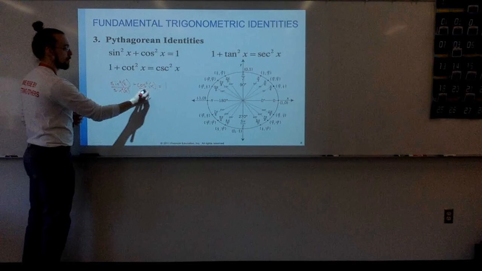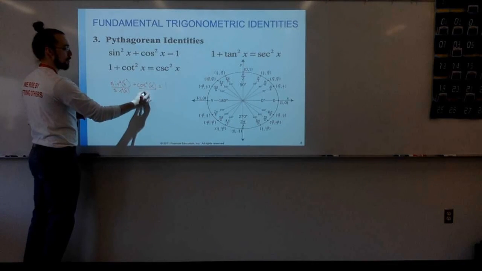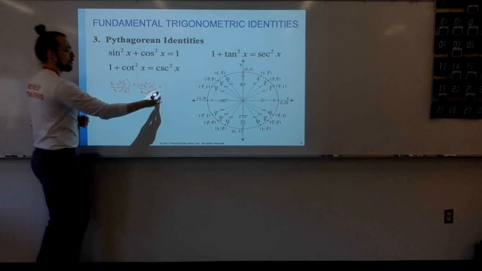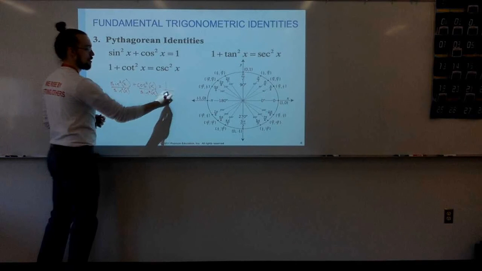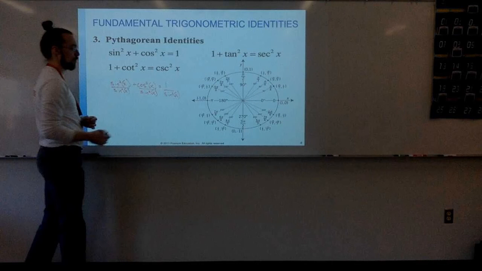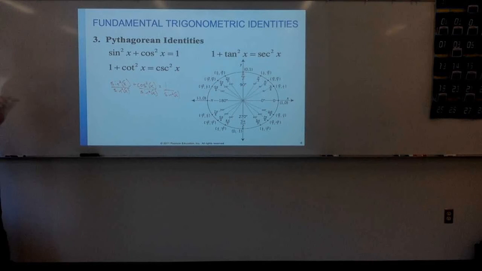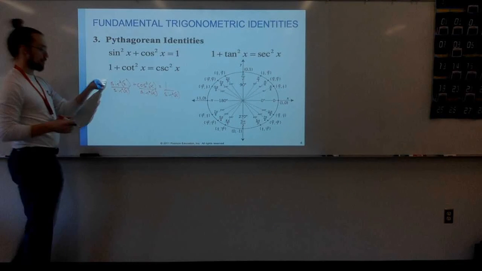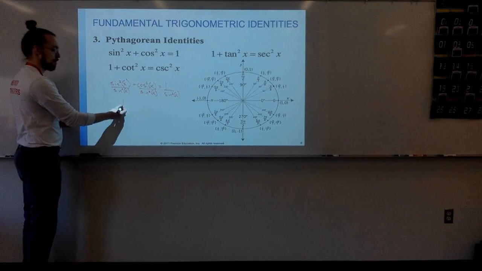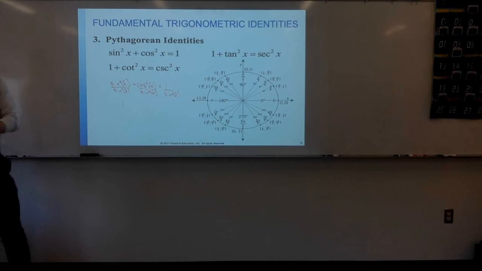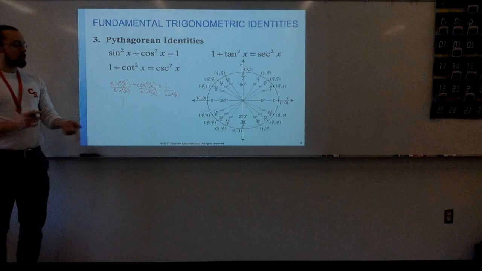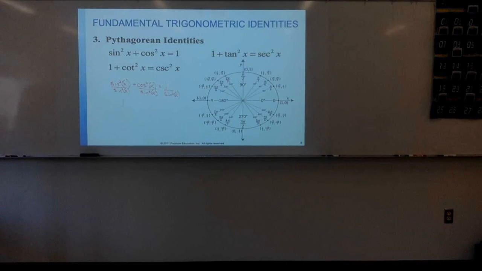I can do that because what I'm doing to one side of the equation, I'm doing to the other. If I divide every term by sine squared and simplify, sine squared over sine squared would just be 1. Cosine over sine was one of our quotient identities that we just talked about on the last slide.